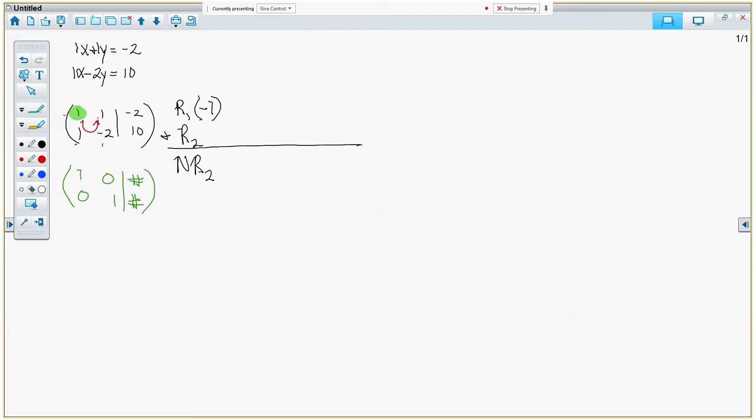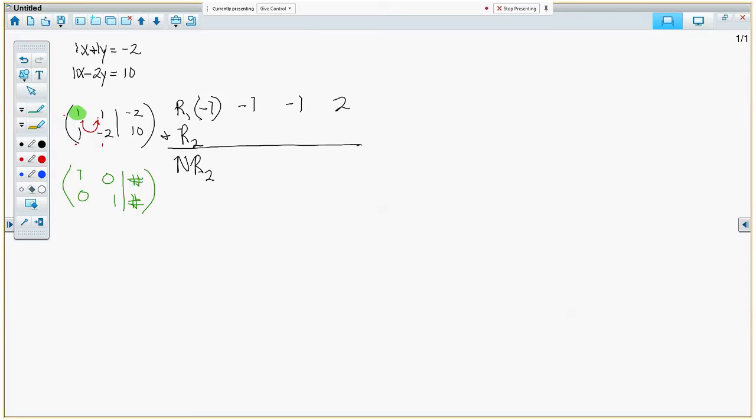So I'm going to take row 1, and I'm going to multiply by negative 1. So there's -1, 1, or sorry, -1. And then -1 times -2 is +2.